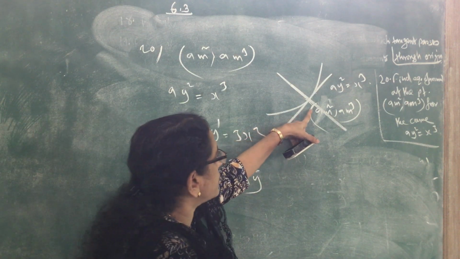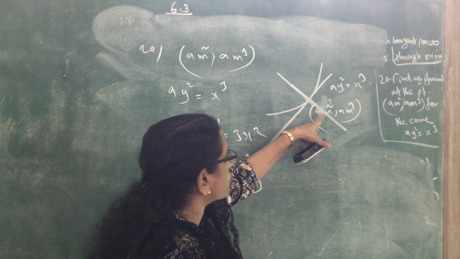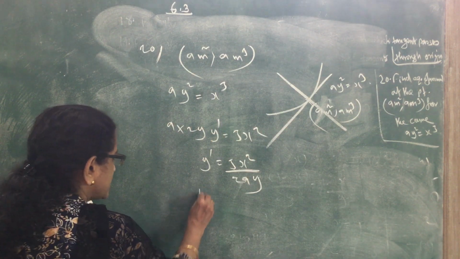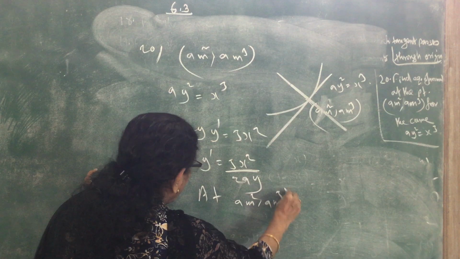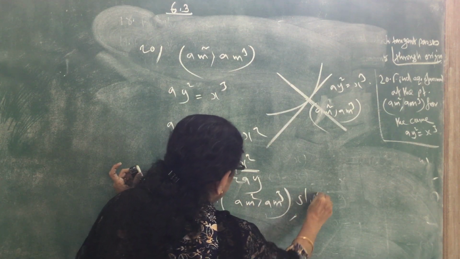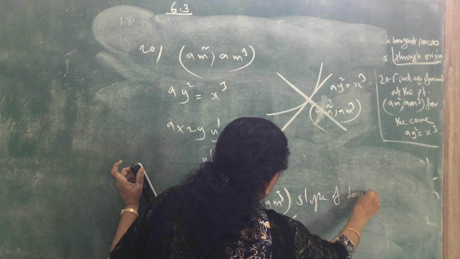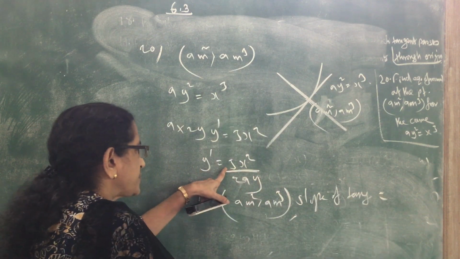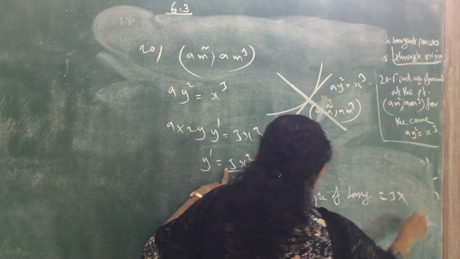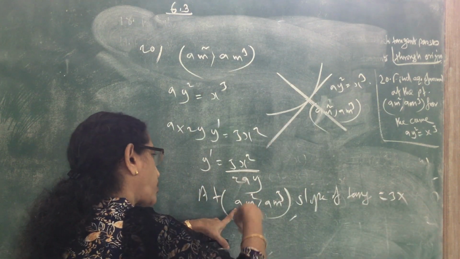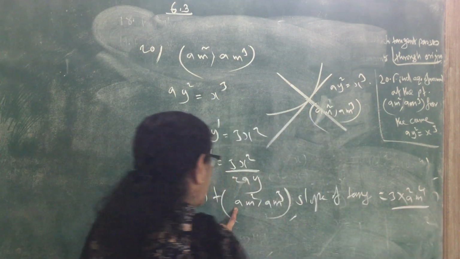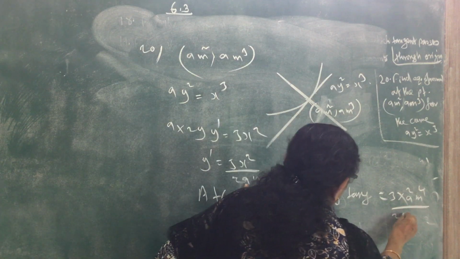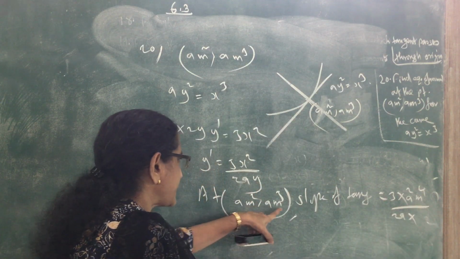Now the point is given, so we can substitute the point (am square, am cube). So at (am square, am cube), slope of tangent equal to 3 into x square, am square squared, that is a square m raised to 4, divided by 2a into y, y is am cube.